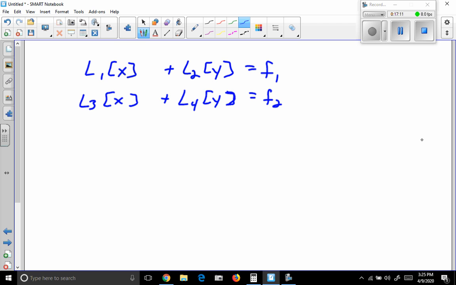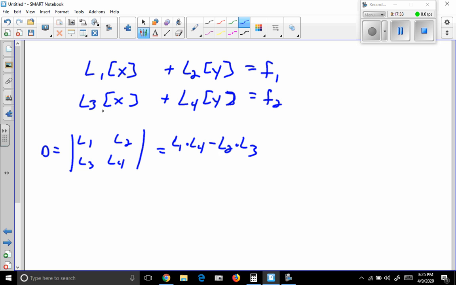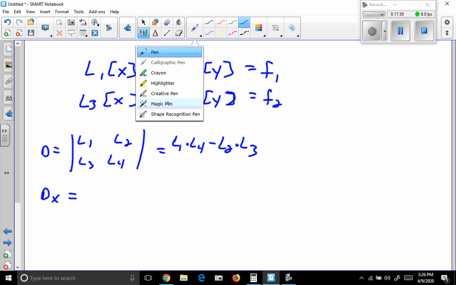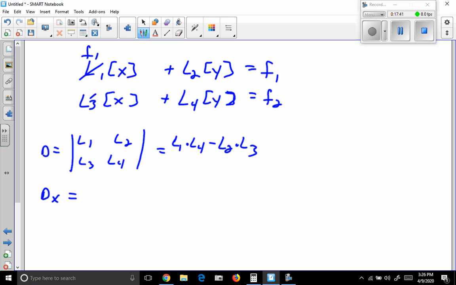So we could solve for x and y by using Cramer's rule. If we list our determinants, L1, L2, L3, L4, the general determinant is L1 times L4 minus L2 times L3. And then to get x, dx, we replace the first column with F1, F2, so F1, F2, L2, L4.